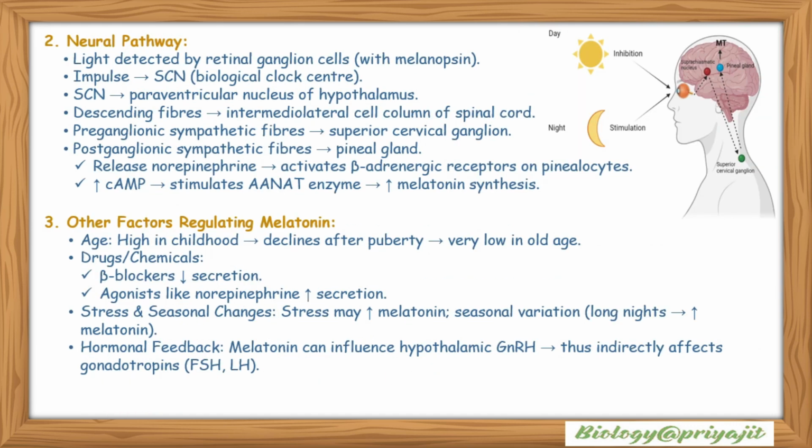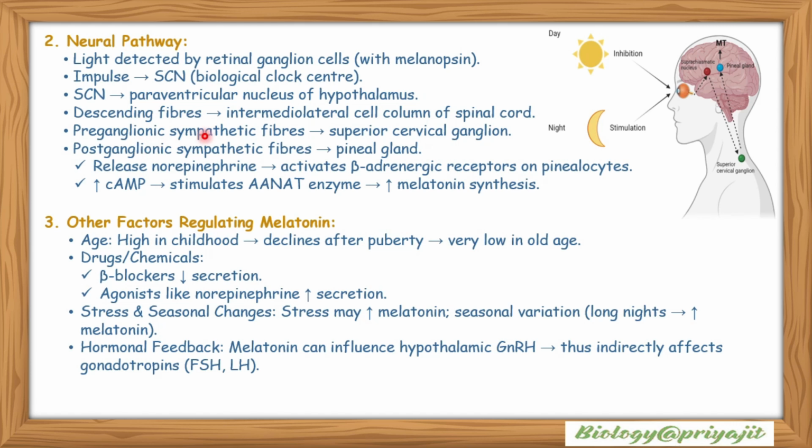Neural pathway: we know that light is detected by the retinal ganglion cells with melanopsin, then the impulse moves into the SCN or suprachiasmatic nucleus, which is the biological clock center. Then the suprachiasmatic nucleus sends the stimuli to the paraventricular nucleus of the hypothalamus. The descending nerve fibers then promote the intermediolateral cell column of the spinal cord.